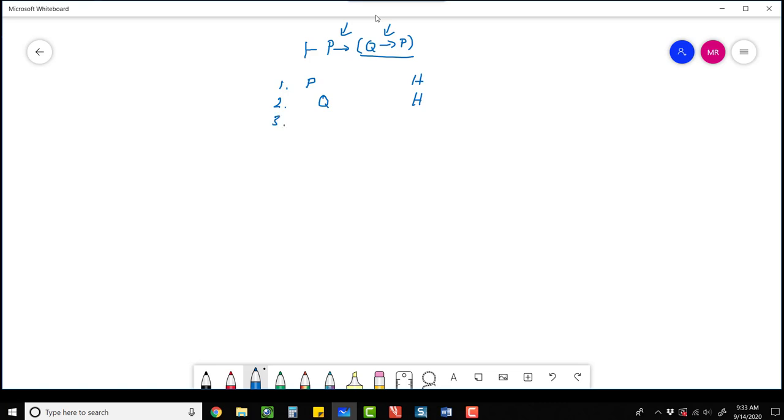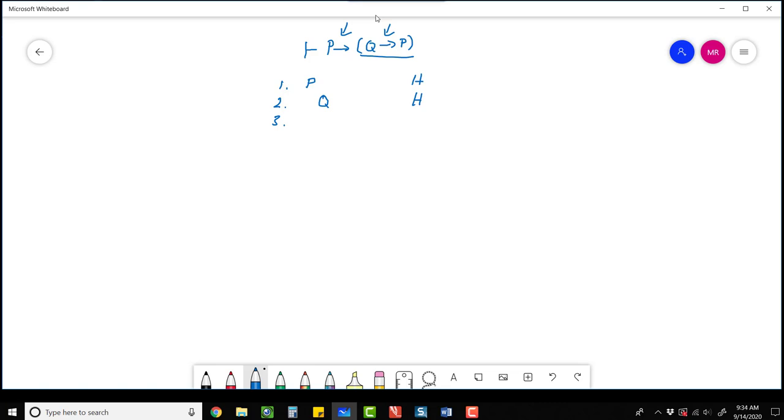Okay? So you hypothesize P and then you hypothesize Q. And now all you're trying to do is derive P. Well, you're in kind of a funny situation here because you've already got P in the hypothesis, so you should be able to do this, but you don't have a rule that just allows you to rewrite P. We will eventually have that rule.